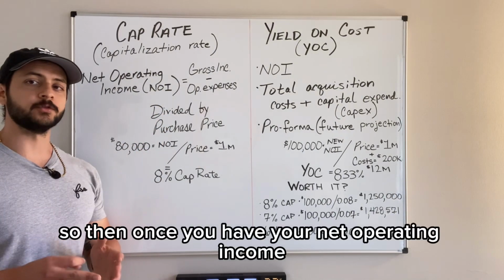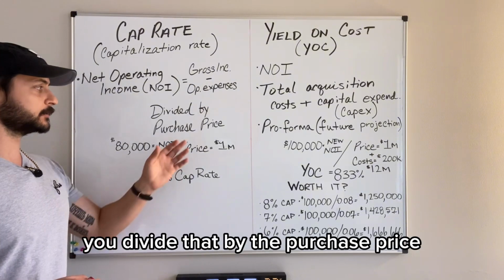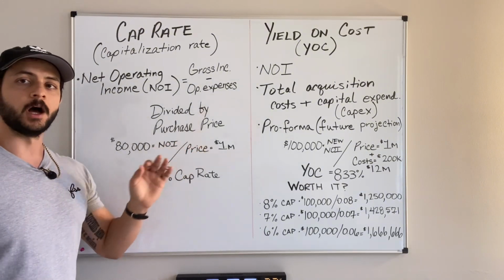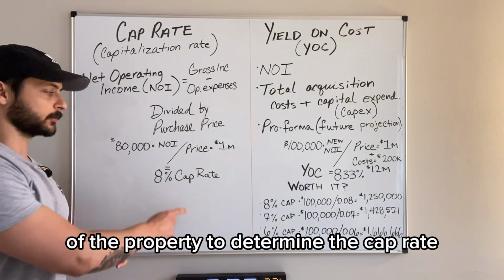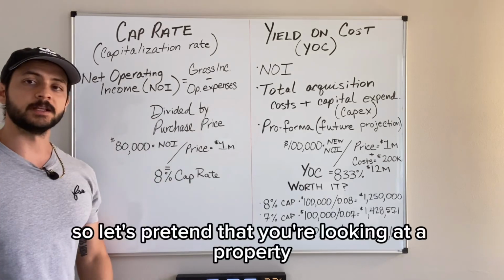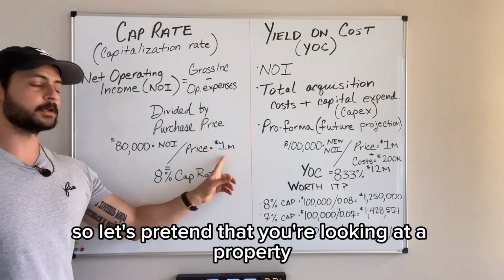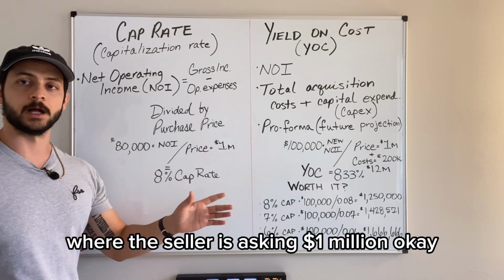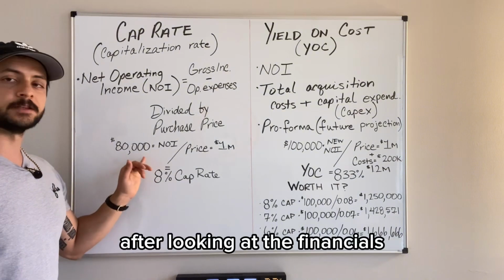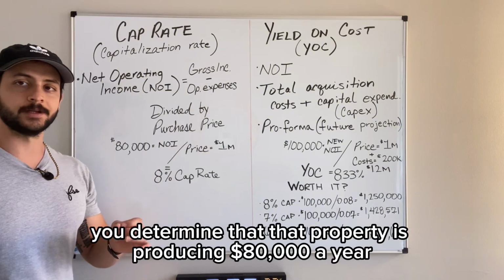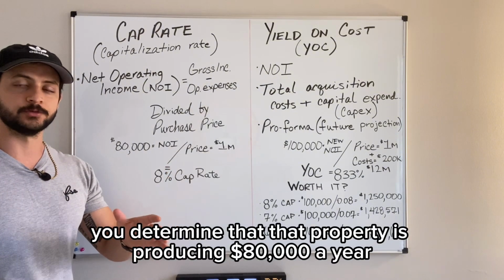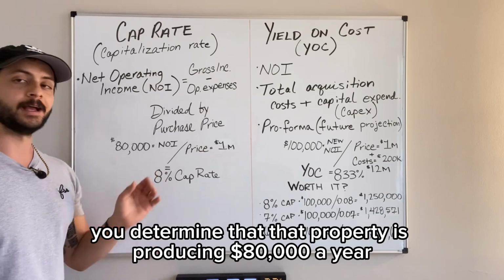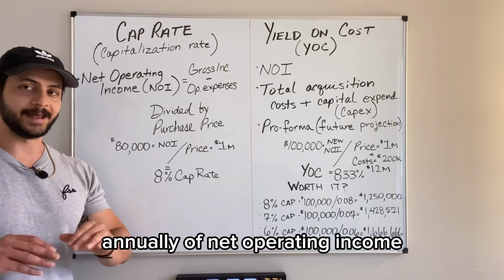Once you have your net operating income, you divide that by the purchase price of the property to determine the cap rate. So let's pretend that you're looking at a property where the seller is asking $1 million. After looking at the financials, you determine that the property is producing $80,000 a year of net operating income.